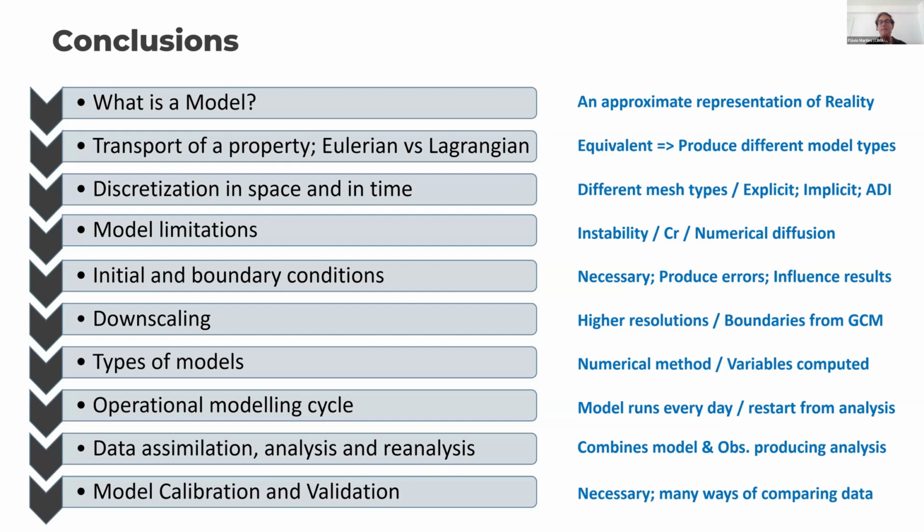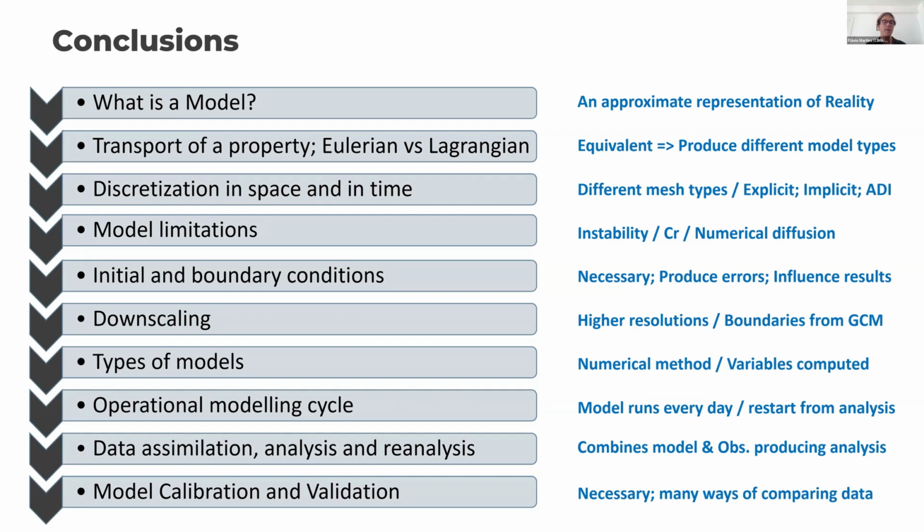We saw different types of meshes and also in time, what is explicit, implicit, ADI, and so on. We talked about some model limitations. We saw the Courant number, how it controls instability, and also how it controls numerical diffusion. And we saw initial and boundary conditions. We saw they were necessary, they produce errors, and they influence the results.